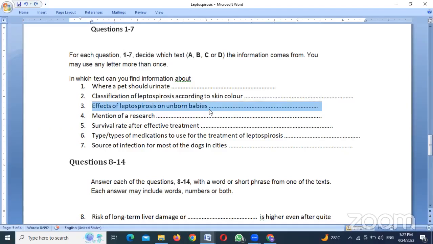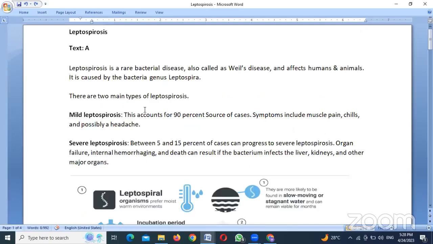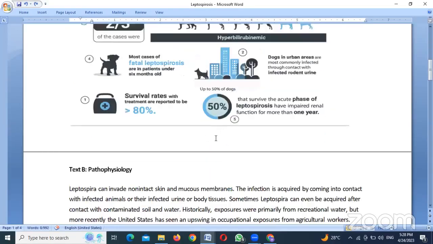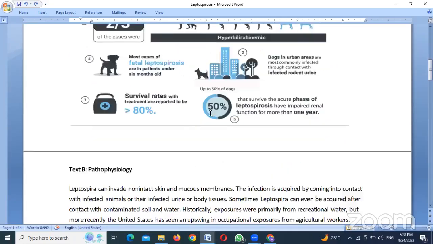Okay, no idea. Nobody has given any answer. So in text A, if you see, they're not talking about effect on any specific age group. They're just talking about in general.